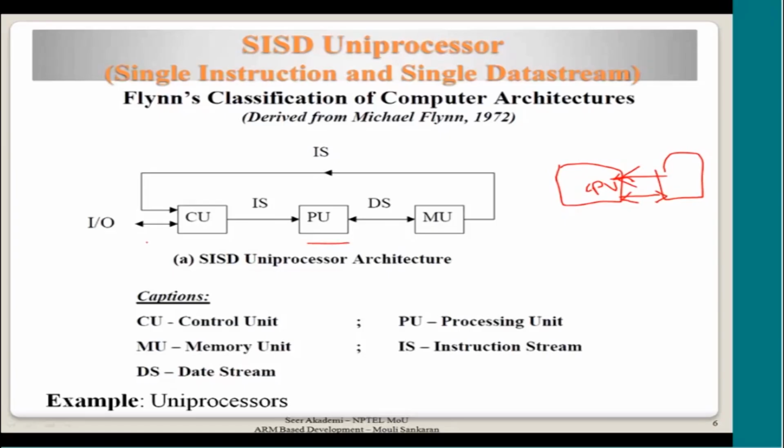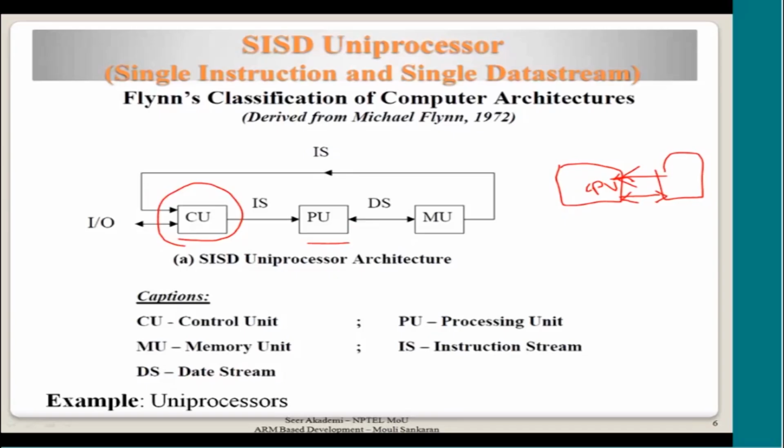The control unit controls the signals to the memory and how instructions and data are accessed, and the data stream gets all the required data from the memory.